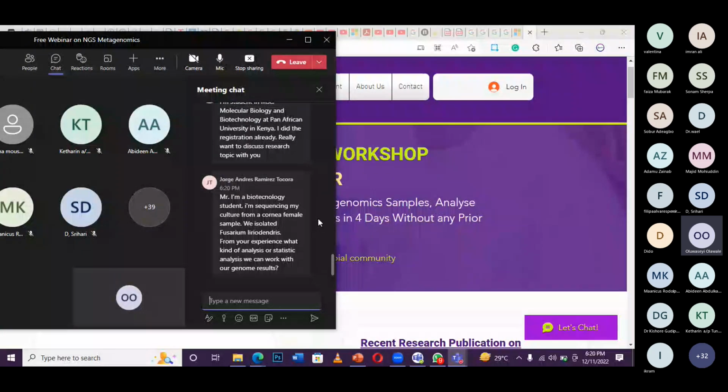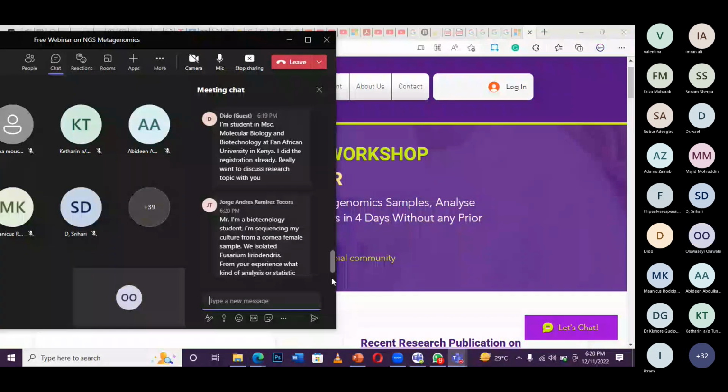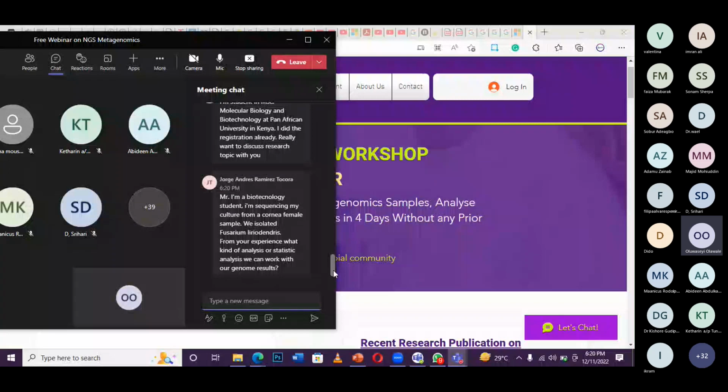So if you are interested in the workshop, please quickly register or contact us. We're going to open the WhatsApp group link, so in case you are interested, you can signify at the group link, or you chat up the group admin.